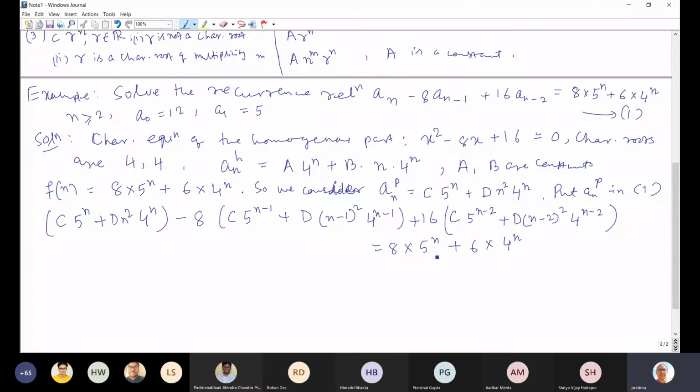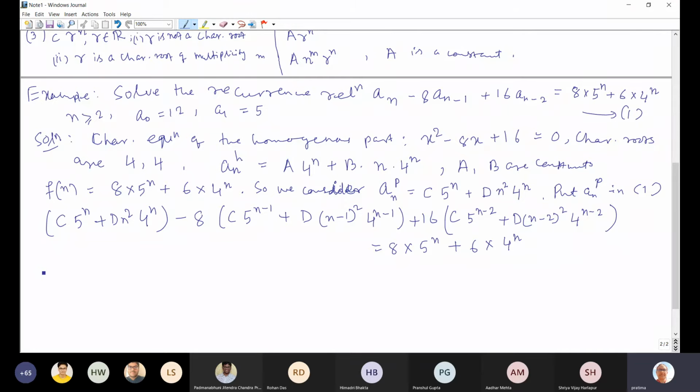In this equation, on the left hand side, we will collect the coefficient of 5 to the power n and 4 to the power n, and then compare with the right hand side. You have to equate them, and then we obtain the values of C and D.